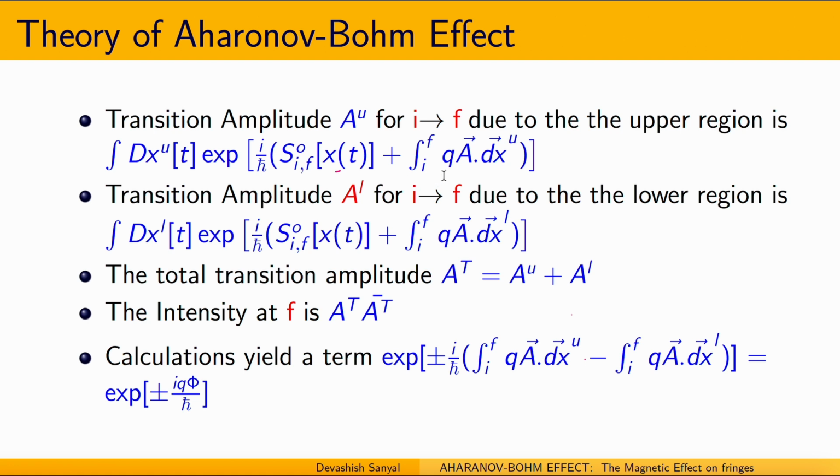This is a path in the upper region, and then we integrate over all the paths in the upper region. Similarly, there will be a transition amplitude, this is the transition amplitude A upper.